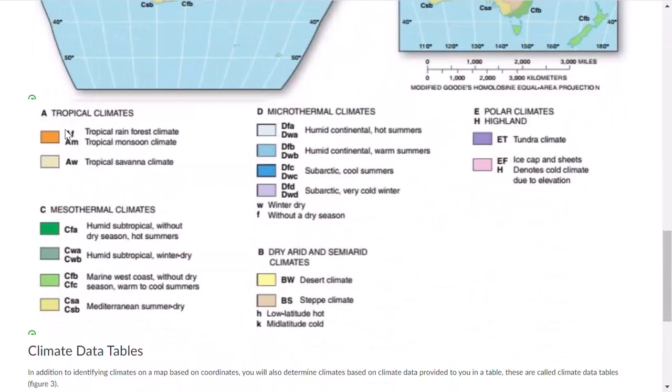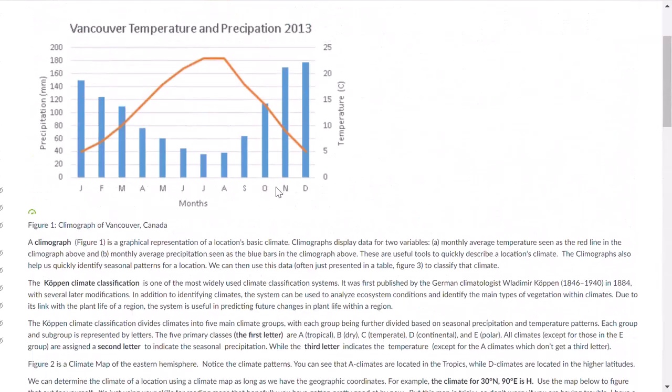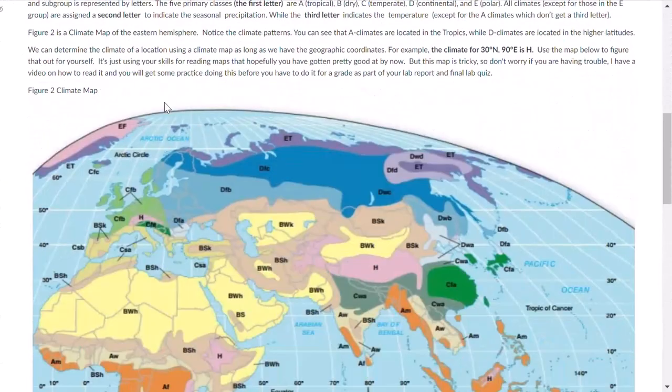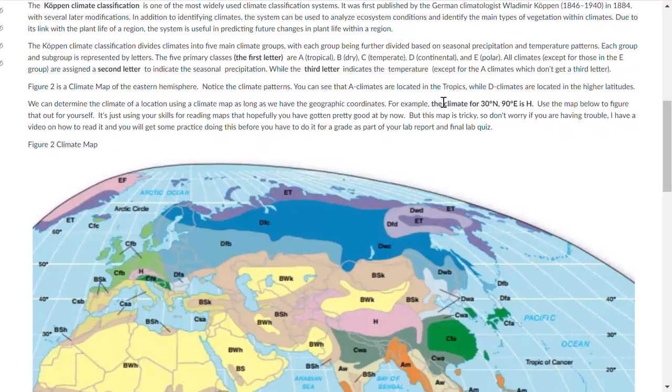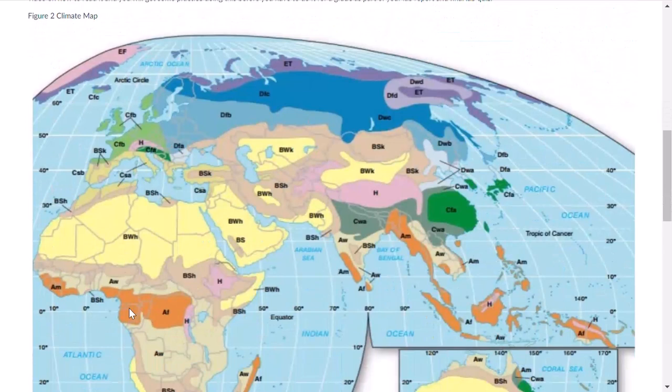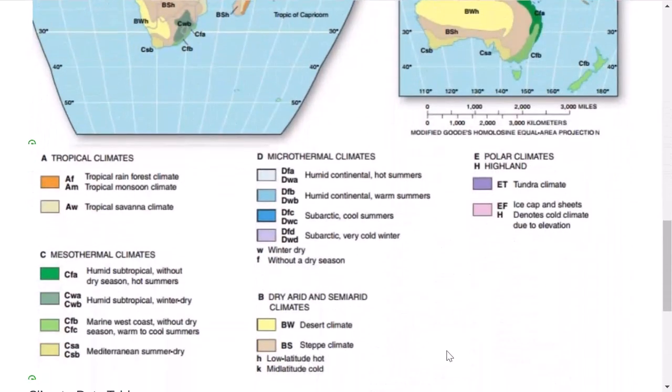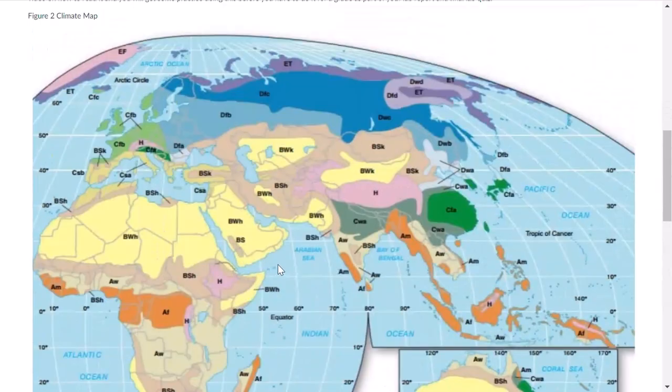So in essence, a big part of what you have to do for the first part of exercise H is going to be identifying and using your coordinate systems to identify locations on the globe, and figure out exactly what the climate classification is of these different locations.